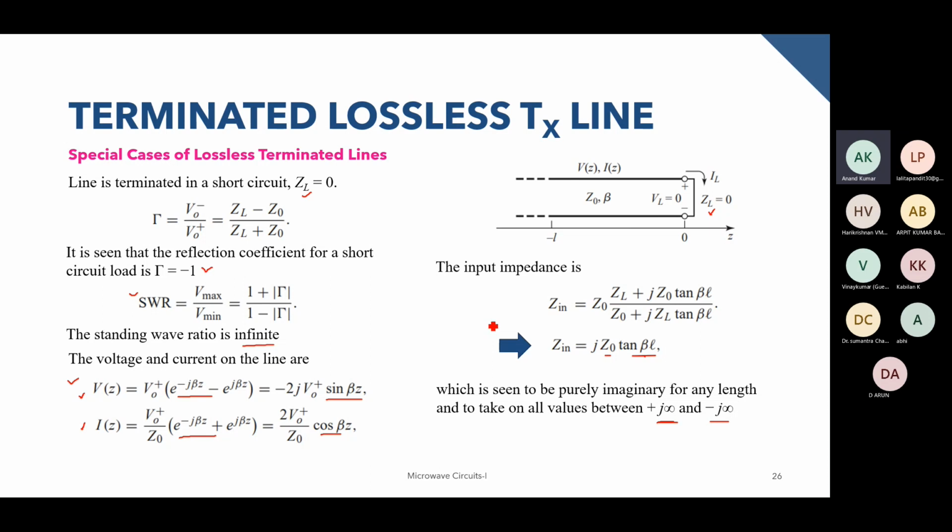So tanh, when we write tanh, we write it as gamma L. So if gamma is imaginary, then this tanh term converts to j tan. Right now we're considering that this particular transmission line is lossless. But yes, in the case of lossless, these are equivalent.